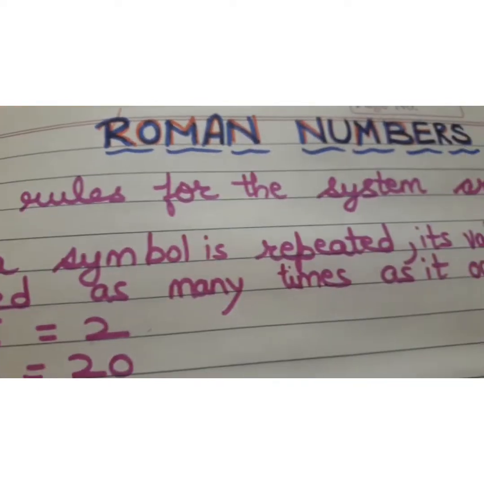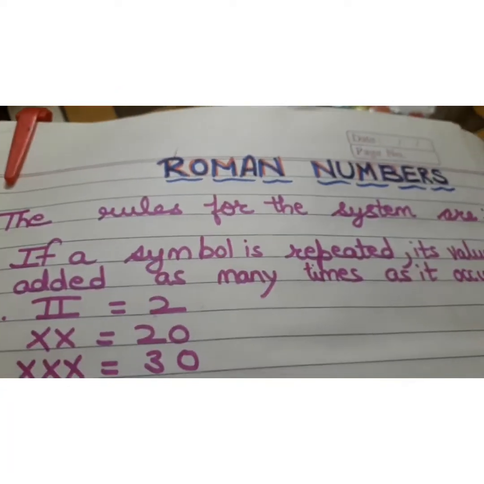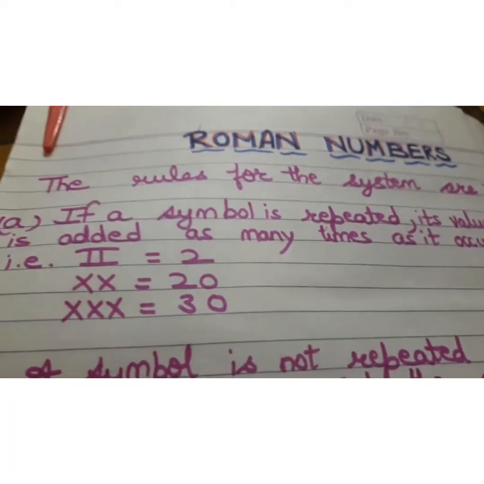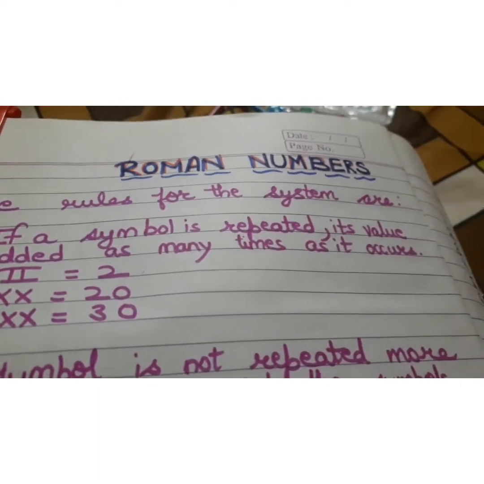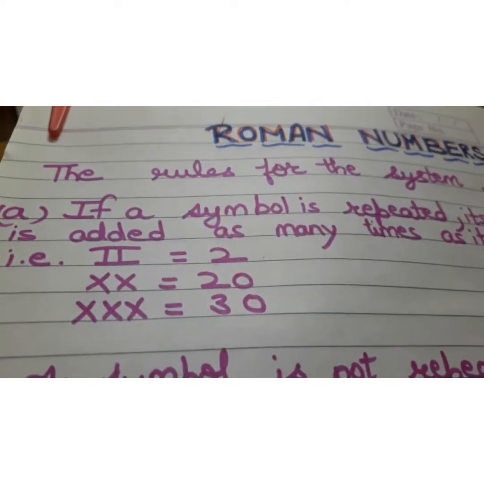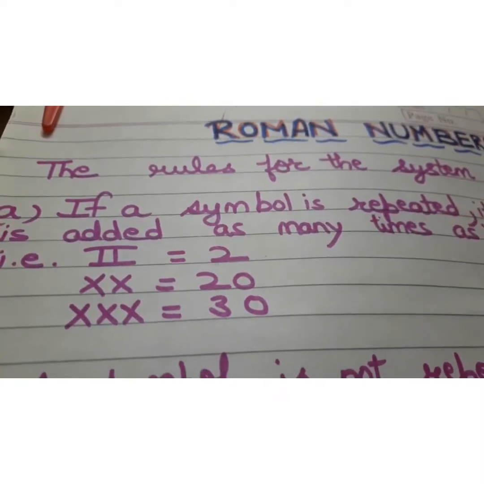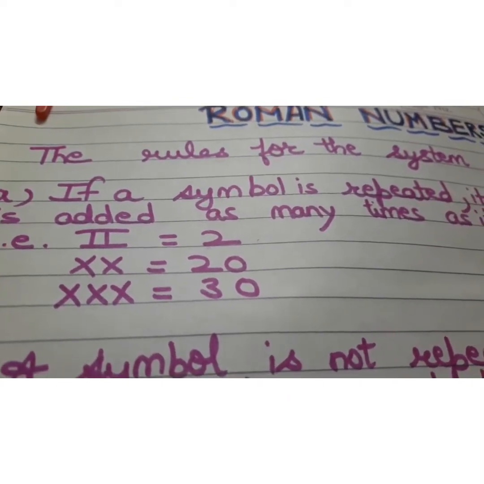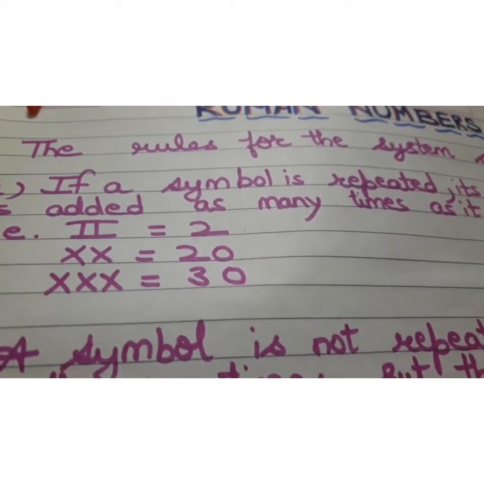The rules for the system are: if a symbol is repeated, its value is added as many times as it occurs. Like 1 plus 1 becomes 2, 10 plus 10 becomes 20, 10 plus 10 plus 10 becomes 30.